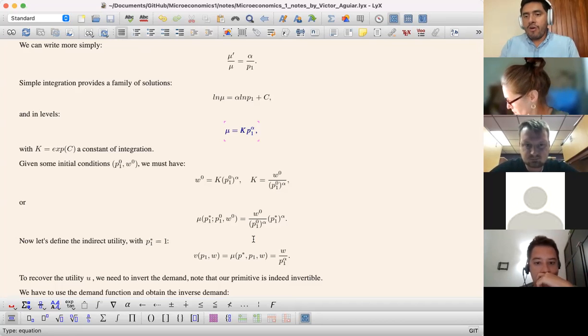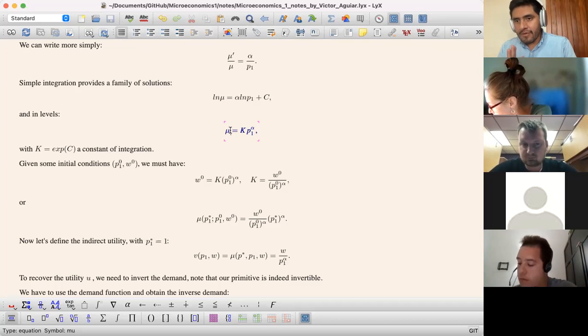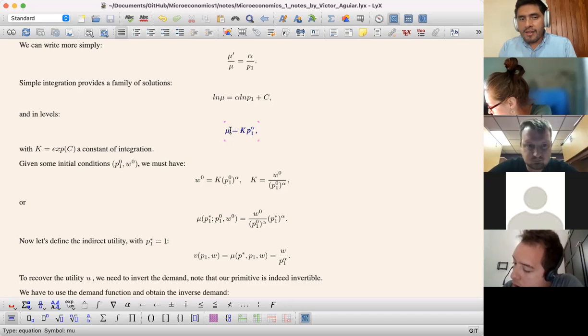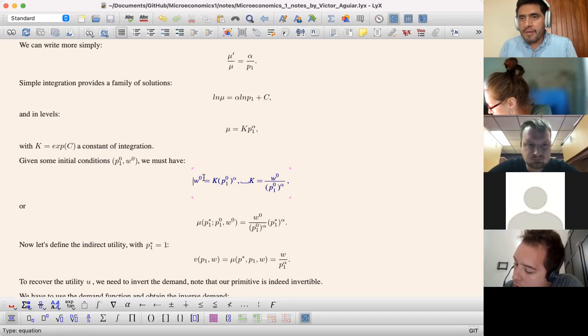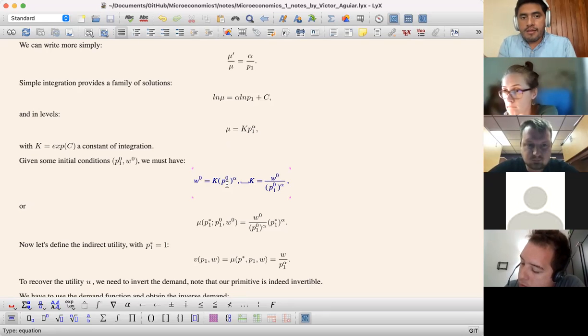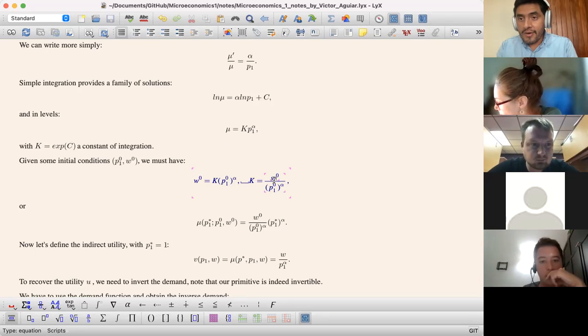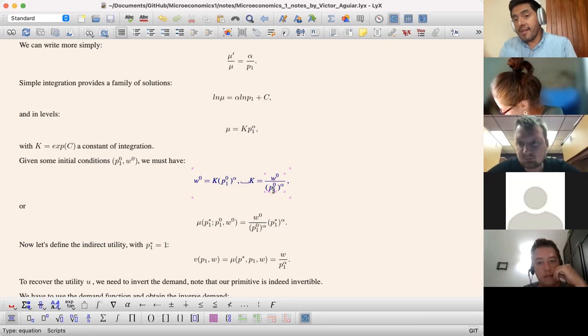Now notice the following. Remember the mu was replacing the role of income. That was my initial step, right? So now let me fix the income level W0 and equate it to the solution here: K times P10, a new number, to the alpha. And then solve for K. Once you solve for K, you get a number, right? Alpha is a number, W0 is a number, P10 is a number.